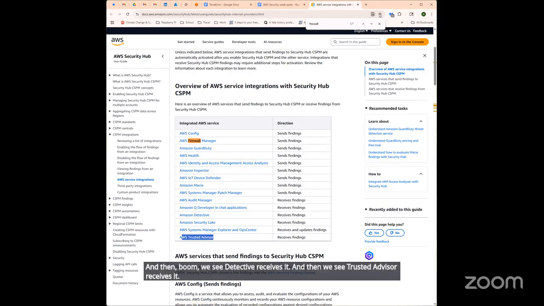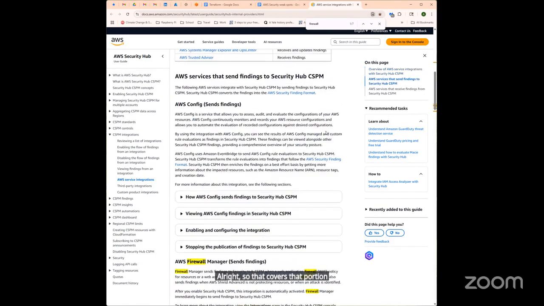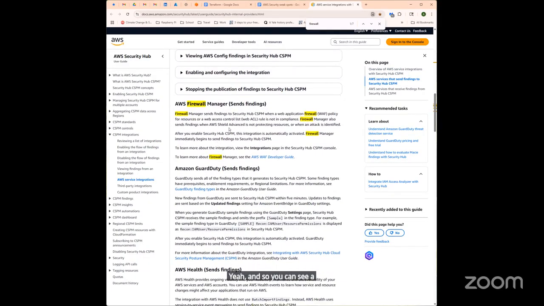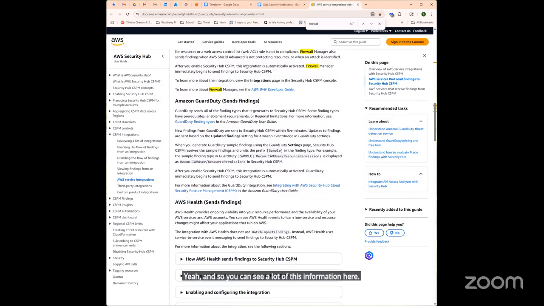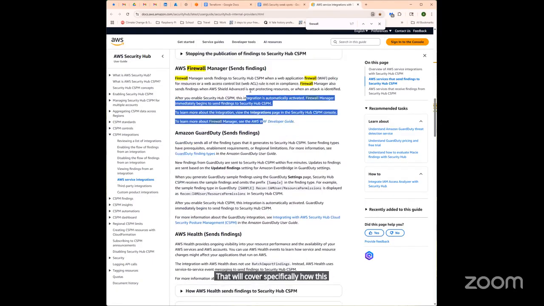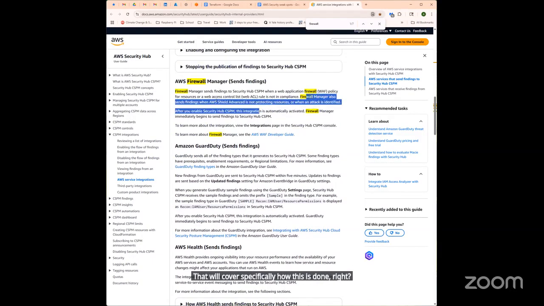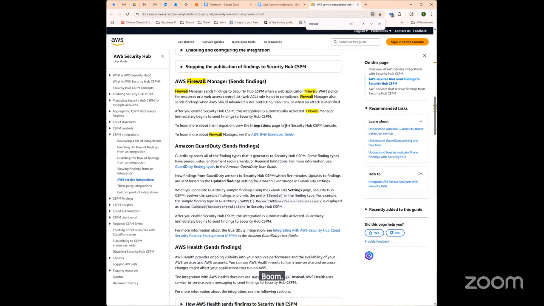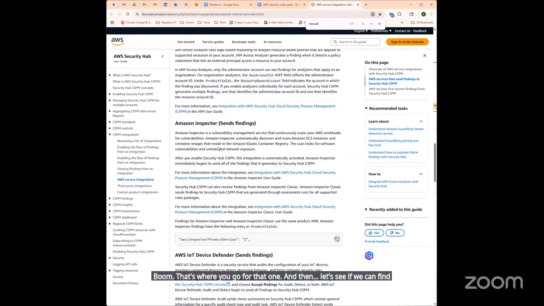All right, so that covers that portion of it. You can see a lot of this information here that will cover specifically how this is done. See, Firewall Manager sends findings when Shield Advanced is not protecting resources. Boom. That's where you go for that one. And then let's see if we can find Detective.